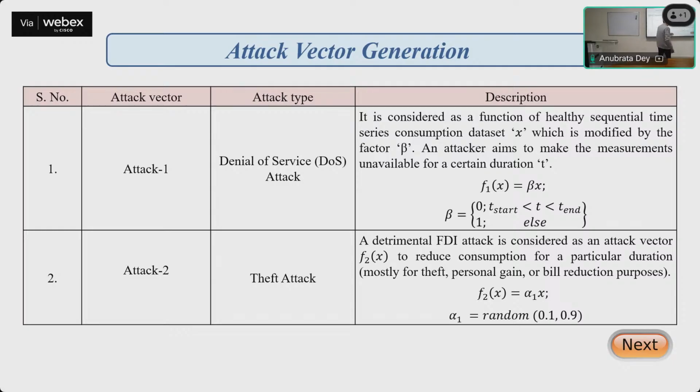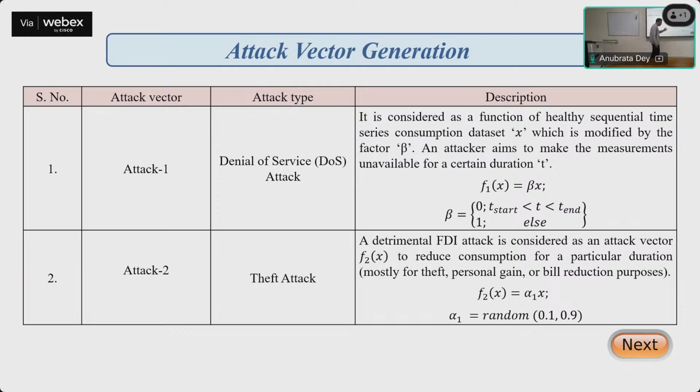So this is my data set, and on that data set I have applied this beta factor. Beta factor means a logic: 1 means your same original data set, nothing changed, and 0 means that for a specific period of time the data was not available. So that you can easily do.